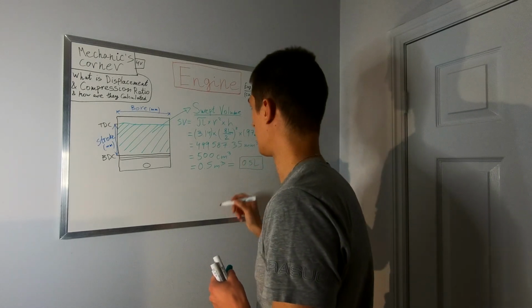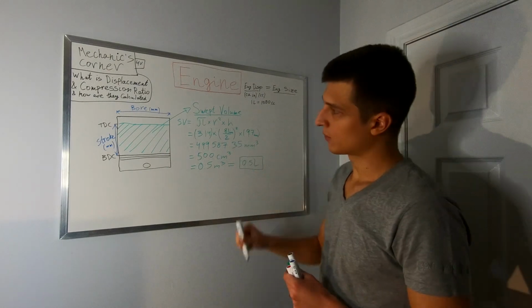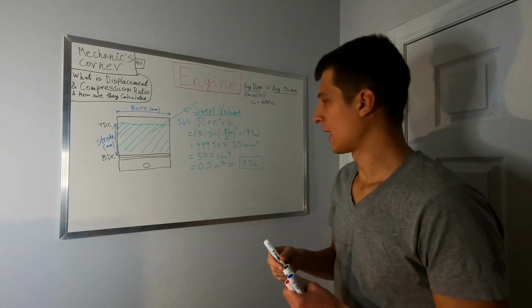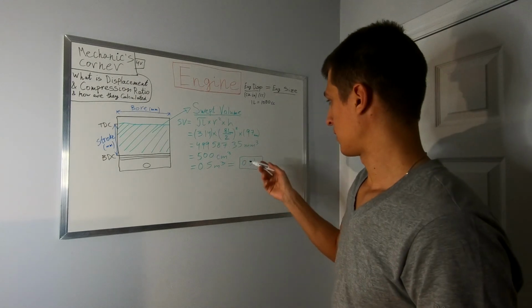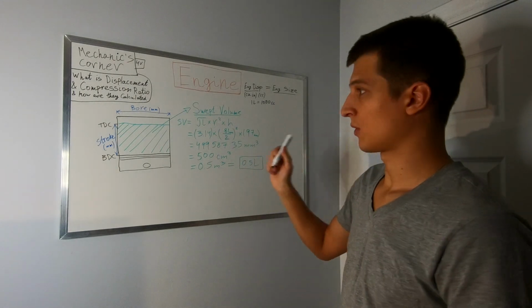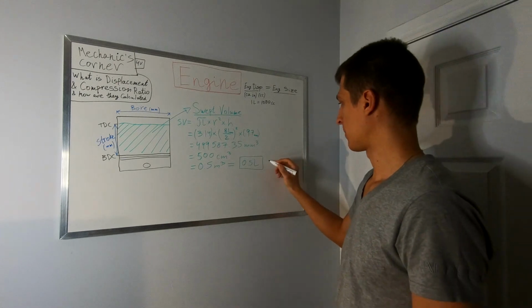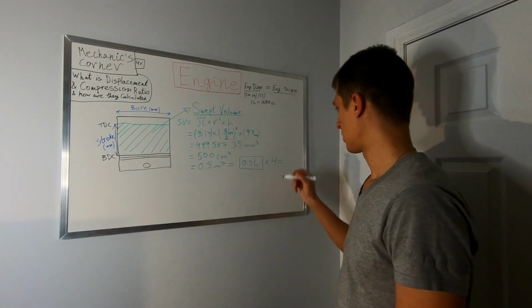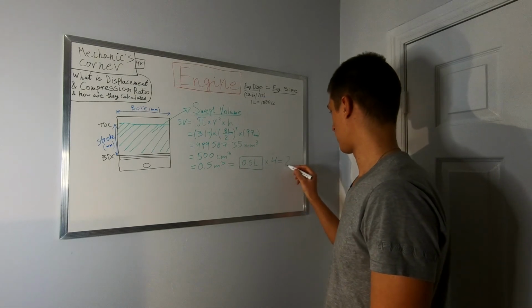And that's the swept volume, or the displacement, for this particular cylinder of that 2-liter Elantra engine. And to get the displacement of the whole engine, we just need to multiply this by 4, because that car has 4 cylinders, which will give us the 2 liters.